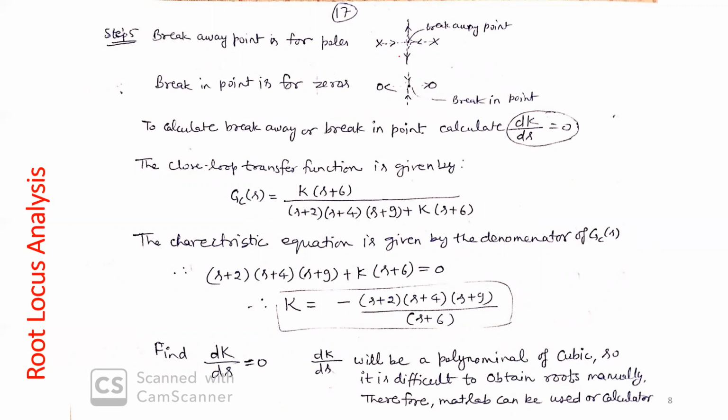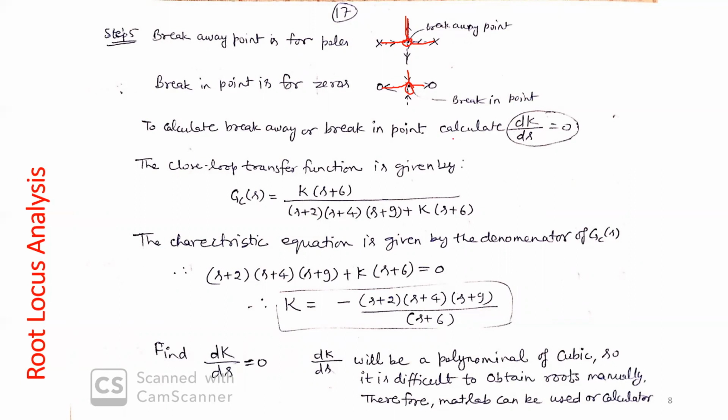It means from the pole, you go away from the pole towards the asymptote. And in case of zeros, you are coming from infinity and going towards the zero. So it is called the break-in point. This point is the break-in point, and this point is the breakaway point.